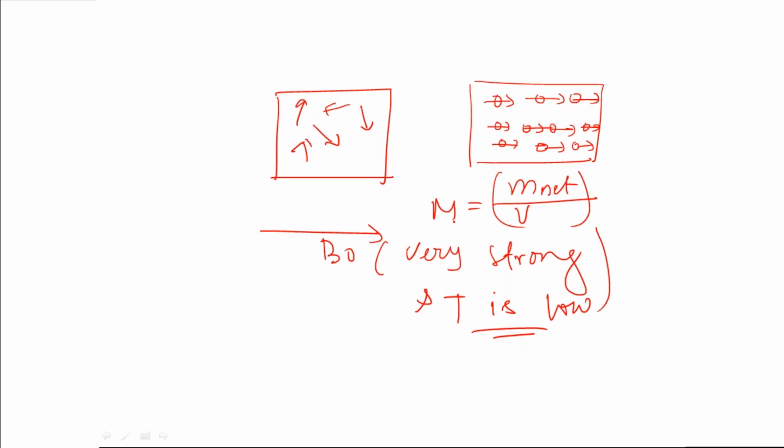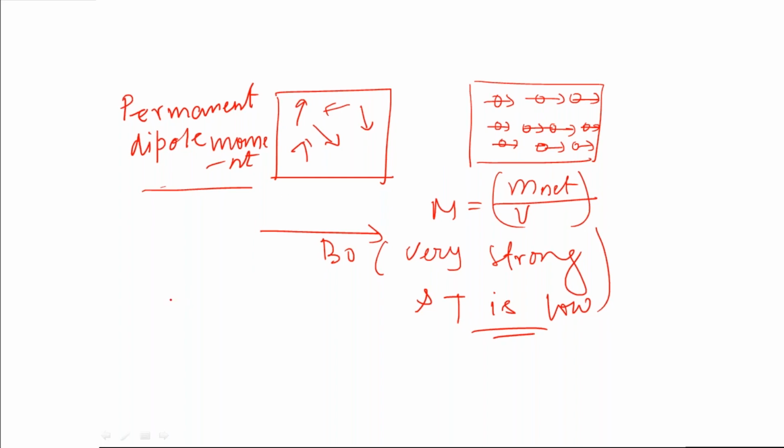When they align in the same direction, you get a net dipole moment m net, and if you divide it by volume, you get magnetization. This is called magnetization, or intensity of magnetization.